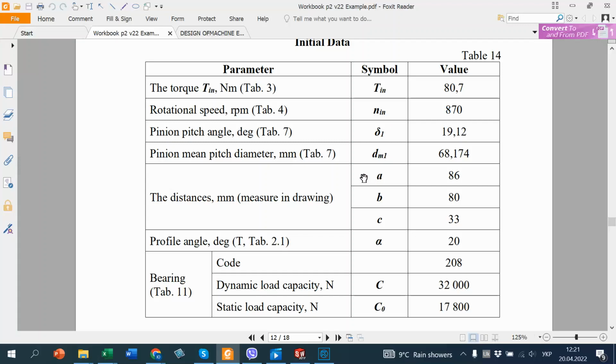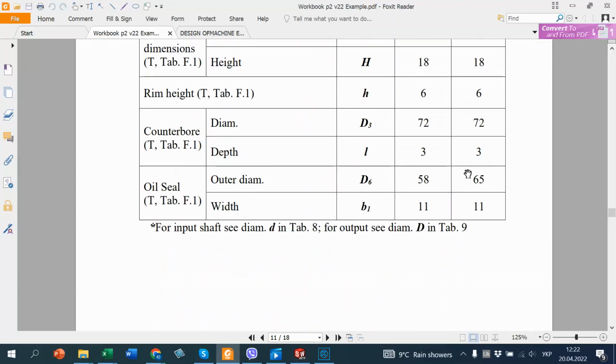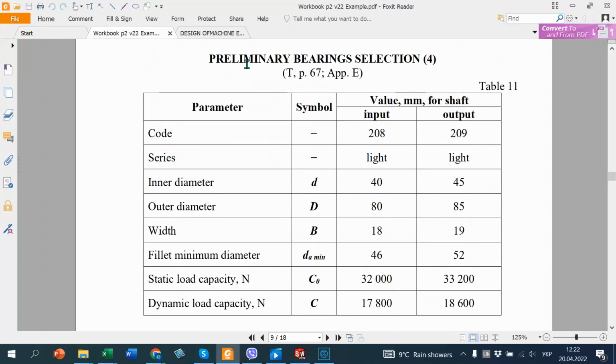Then distances, you measure from your calculations, and in the first approximation you can take the B distance, as I said, like 2 bearing bore diameters. In my example, it's 80 millimeters. Here we selected bearings, and the inner diameter, bore diameter, is 40 millimeters.